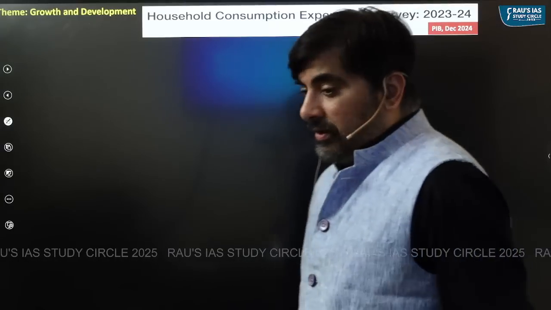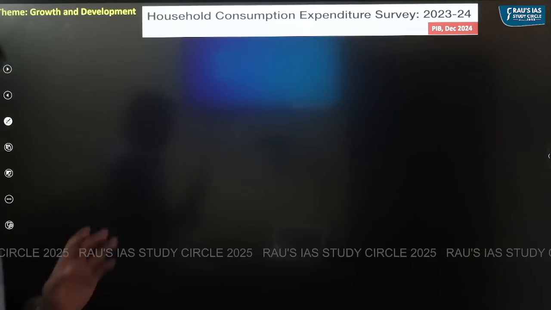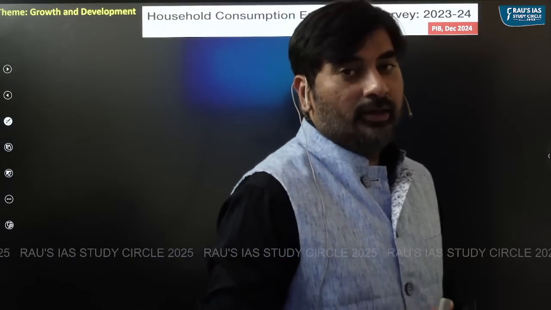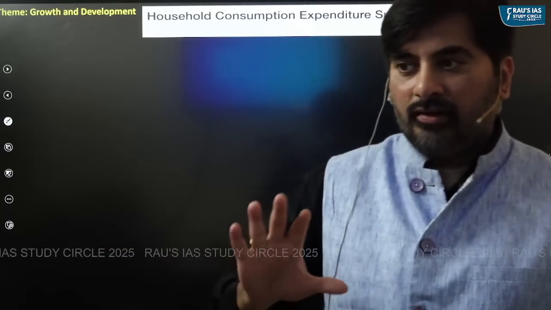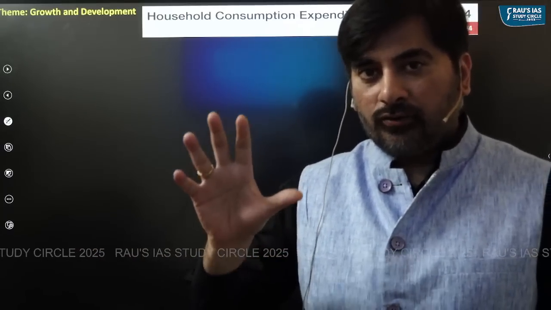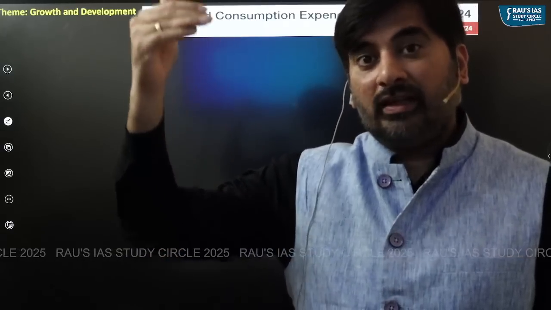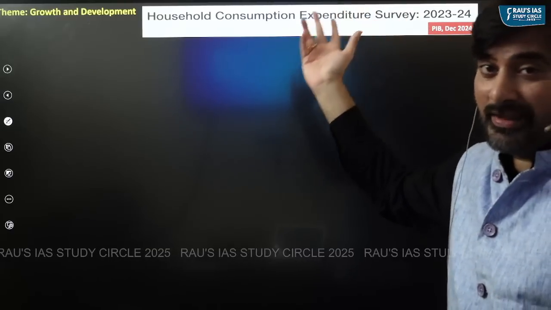Now coming to the recent development, that is the household consumption expenditure survey, which was recently published in December 2024. See, what had happened was with respect to the household consumption expenditure survey, it was published last year, that is for the year 22-23.